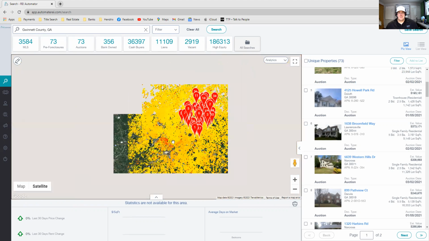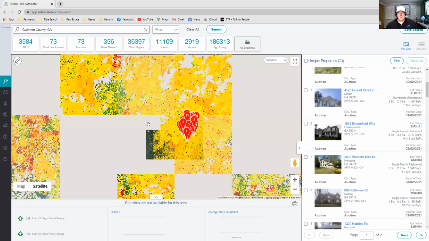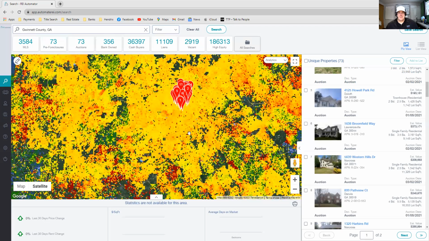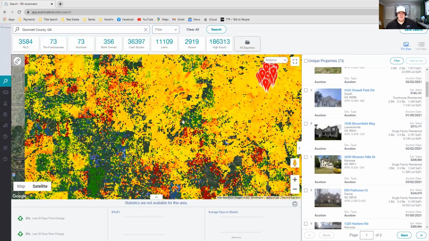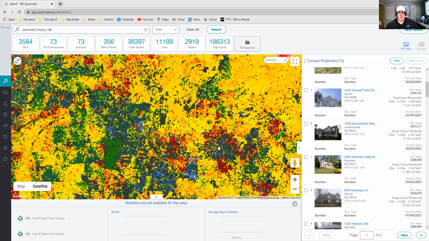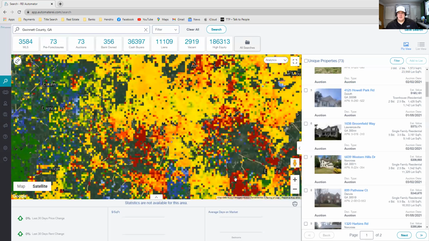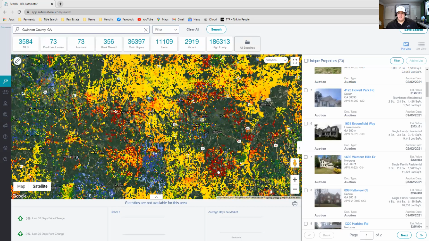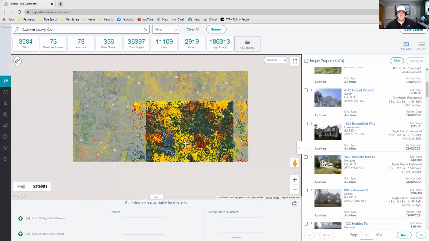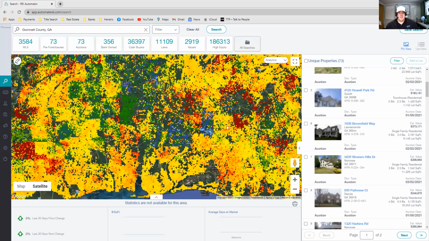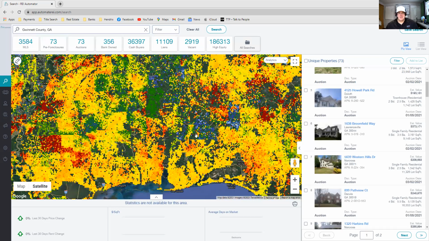So let's go out a little bit further. All right, so as you can see, it's going to show you the pockets of that area that are doing well in. Looks like right there in Loganville. I mean, we could do this for a long time, but you guys get the picture.